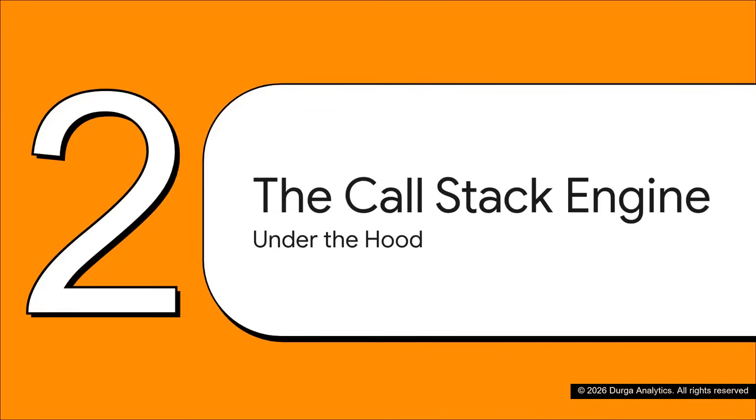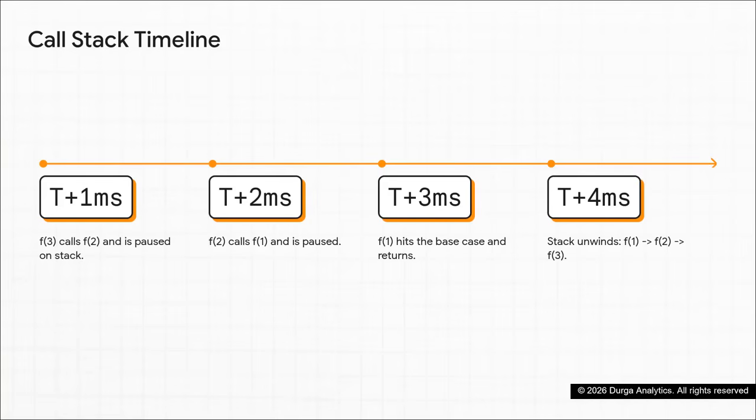Moving on to section 2, the call stack engine. How does the computer physically keep track of all these nested questions under the hood? Well, it uses the call stack. We actually covered stacks back in chapter 24. Each time a function calls itself, the current execution is paused, its state gets pushed onto the call stack, and the new call begins.